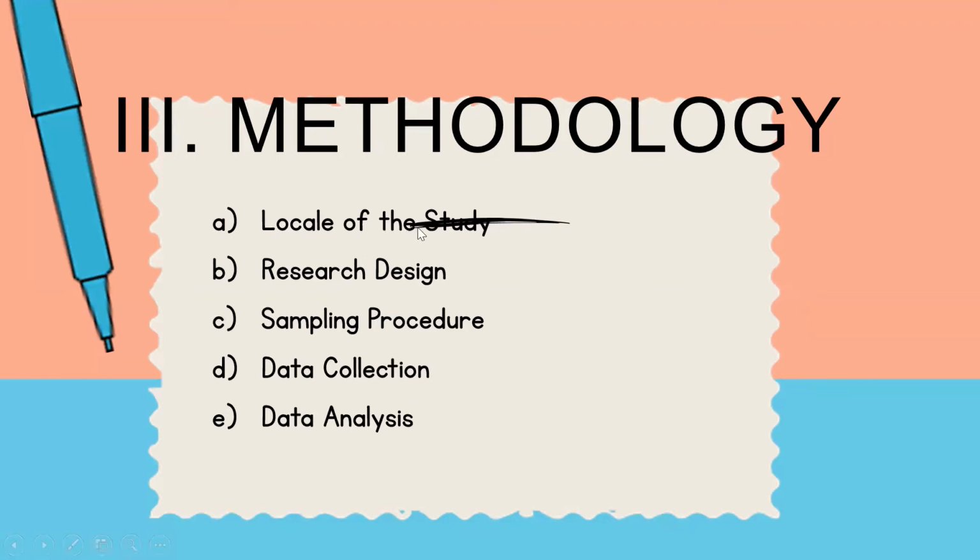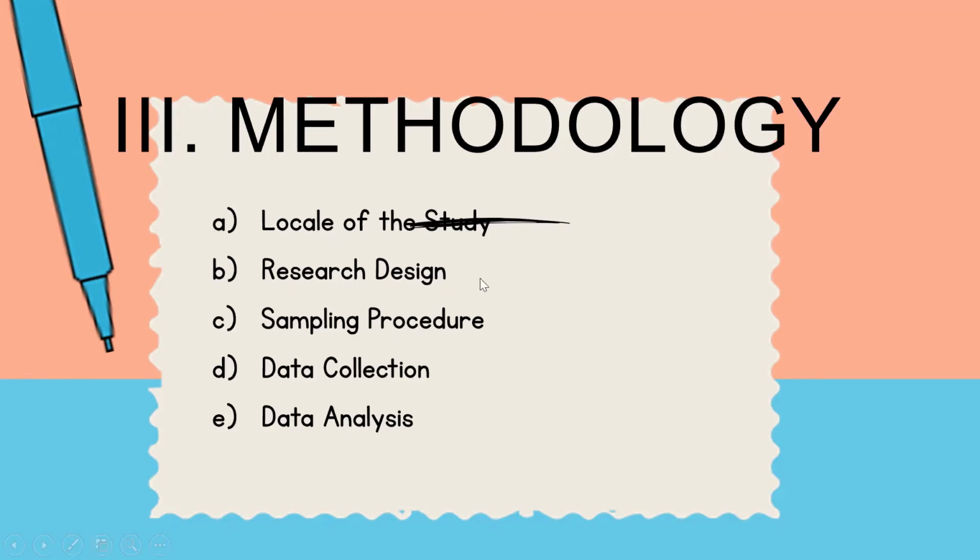For example, if the locale of your study is here in Hinunangan and your topic is all about rice production, you can put the map of Hinunangan and then put a literature and explain that Hinunangan is the best place to conduct the study of rice production because Hinunangan is considered a top rice producing area. You can put some elevation, or you can look on the internet for what it is all about, and the reason why it is best to study rice production here.